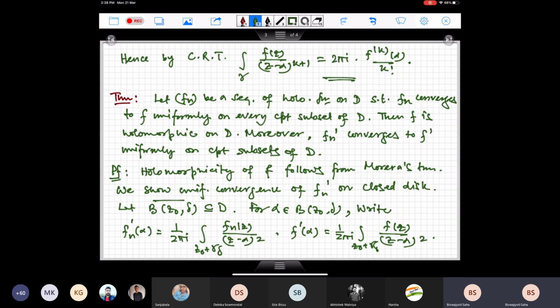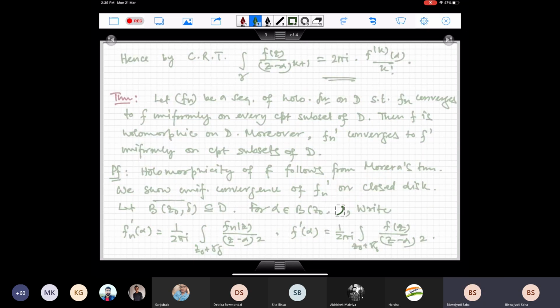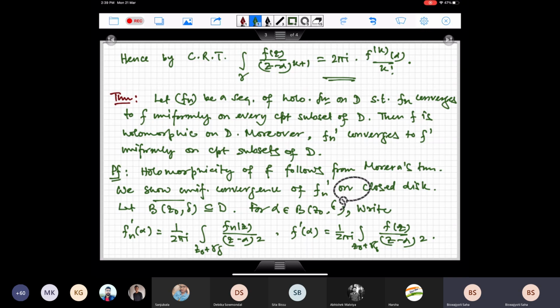Yeah, here I need to be slightly more careful. I need to work with a ball of delta by 2.